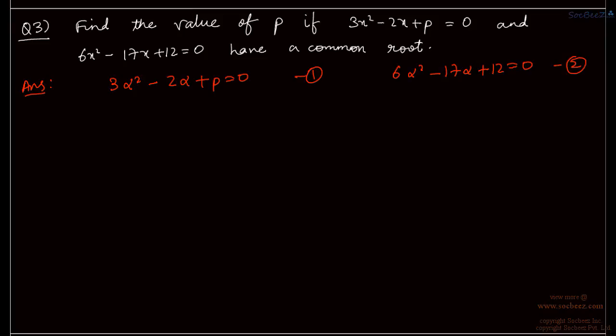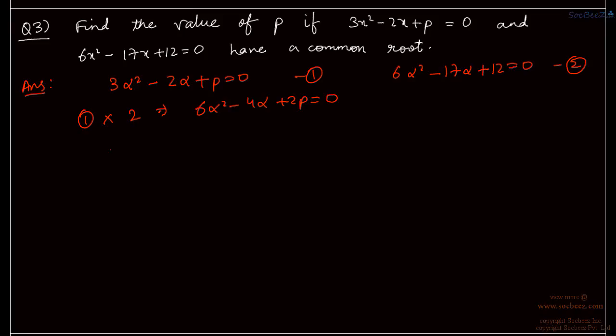Right. Okay. Now let's eliminate alpha squared. How do I eliminate alpha squared here? I multiply the first equation with 2. Right. So I have 6 alpha squared minus 4 alpha plus 2p equal to 0. And now I subtract the second equation from this.